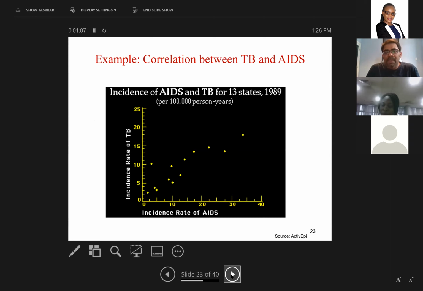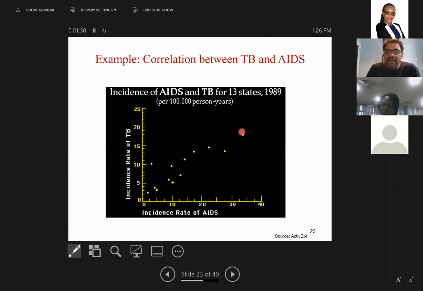So here is an example. These are 13 states within the United States, and all they're trying to do is to ask a question. Each dot is not a person, each dot is a state, data from one state in the United States, right? So let's take this dot.